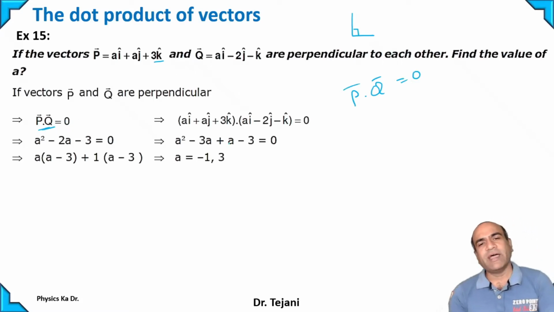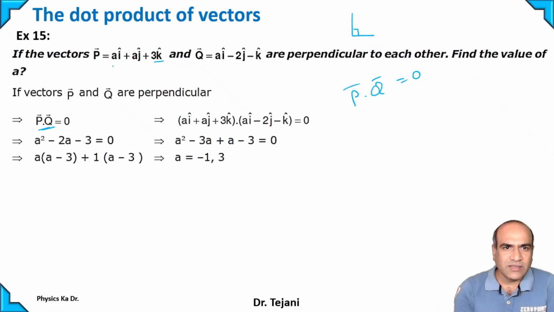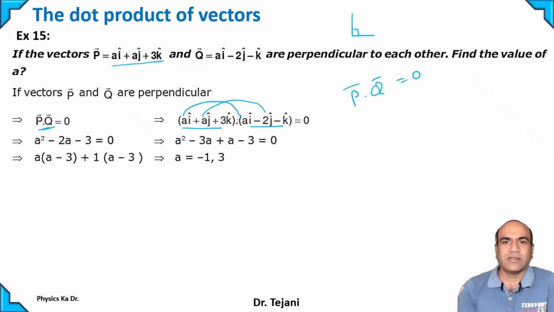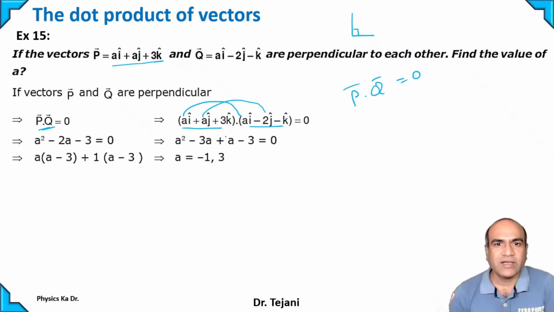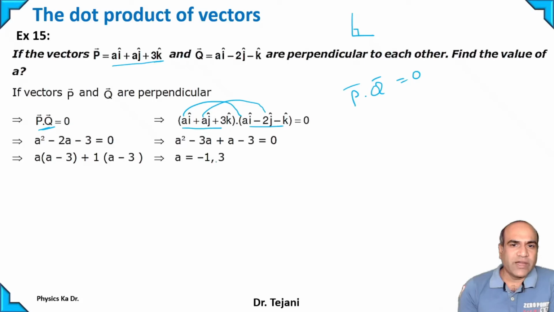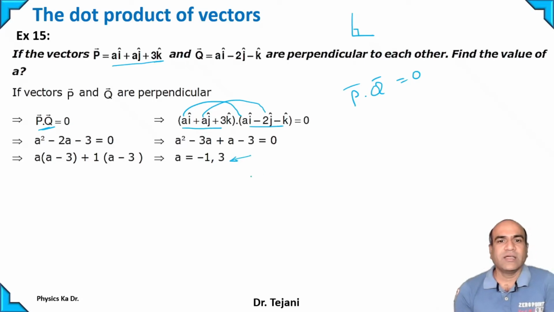That means vector dot another vector is equal to 0, and the multiplication gives a square, minus, multiplied by this j. Ultimately you will get the solution and you can find it. A is equal to minus 1 comma 3, B is equal to, like that. A similar solution you will have.